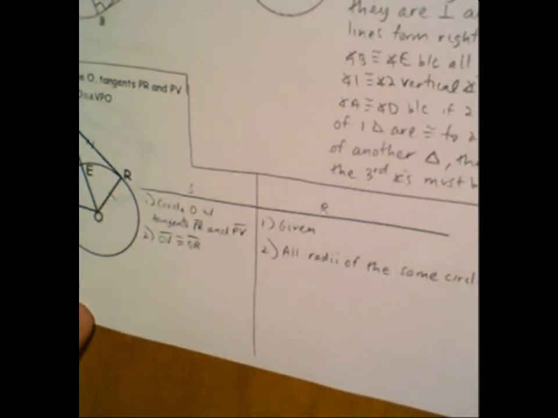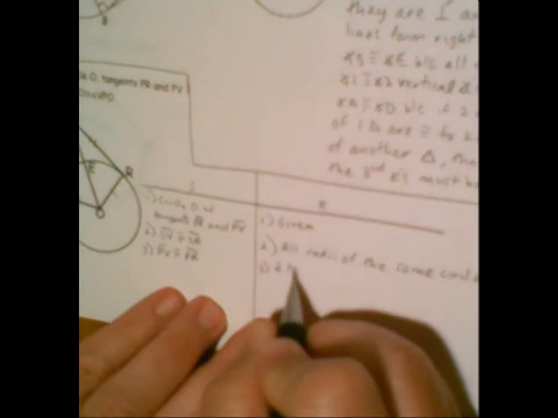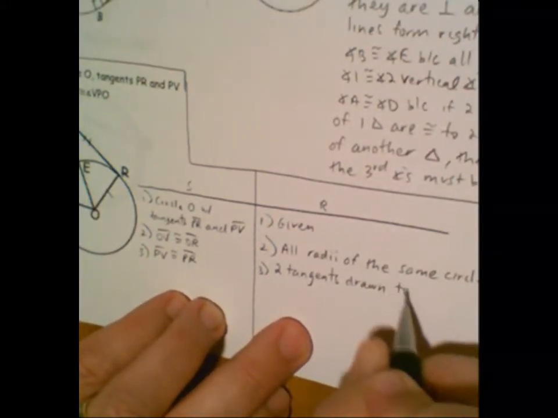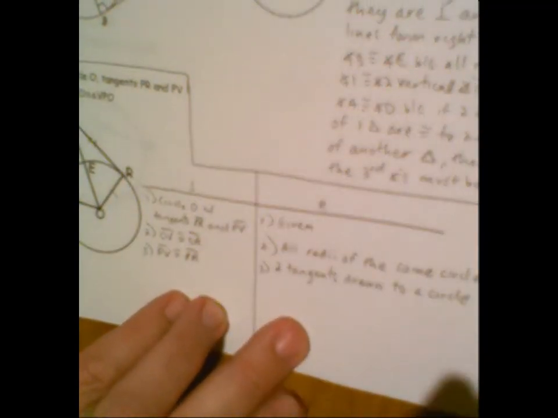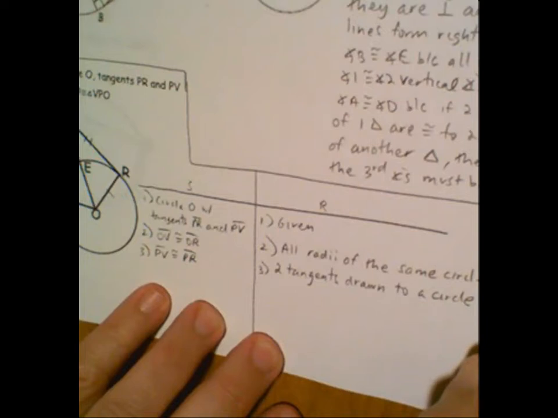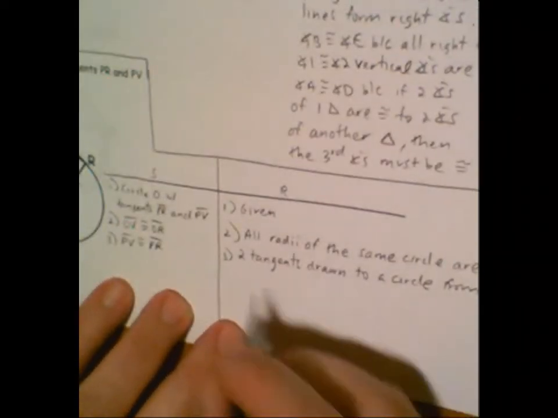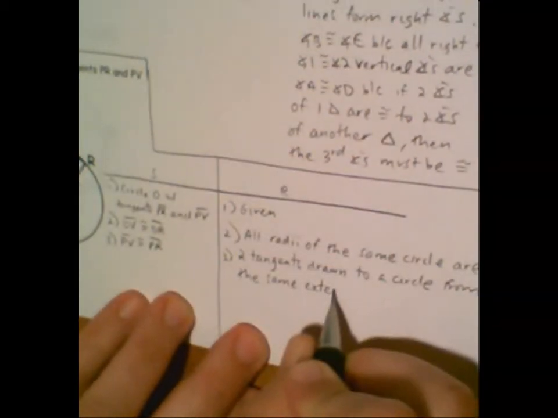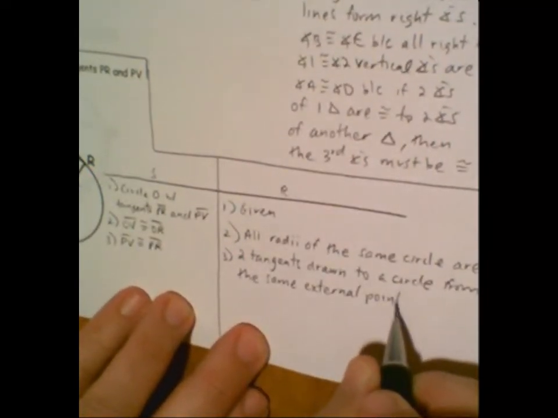We know that PV is congruent to PR because the two tangents drawn to the circle from the same external point are congruent.